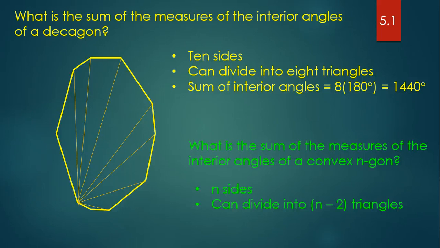Each of those triangles would have an angle sum of 180 degrees, so the sum of the interior angles of an n-gon is n minus 2 times 180 degrees. And that actually gives us a formula we can use to find the sum of the interior angles of any polygon.